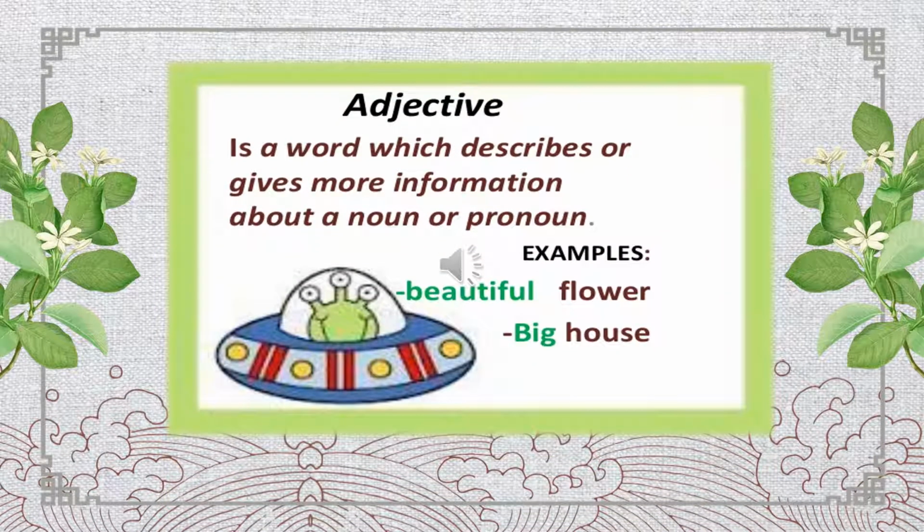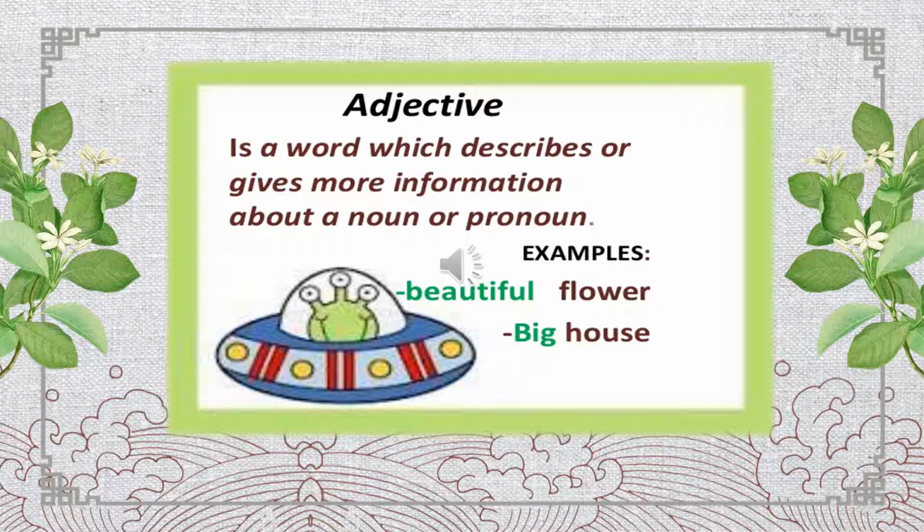Now we know very well what are adjectives. But if someone asks you to define the adjective in definite words, how you will do that? Well, the definition of adjective is that adjective is a word which describes or gives more information about a noun or pronoun. Adjective is a word that describes a noun or pronoun or gives more information about it. For example, beautiful flower, big house.